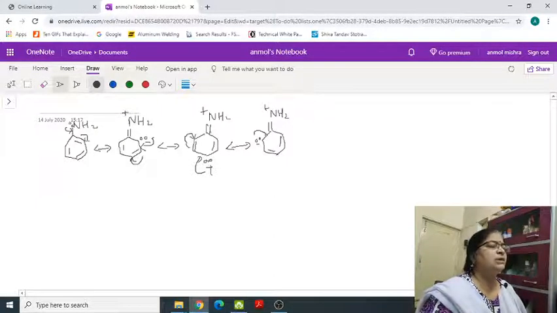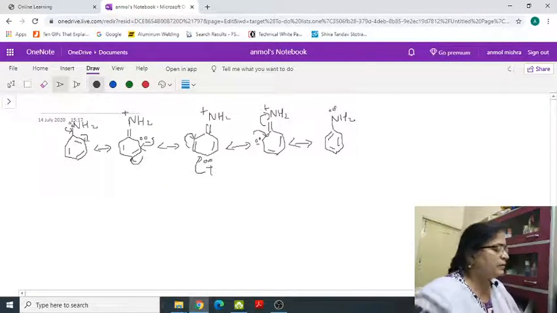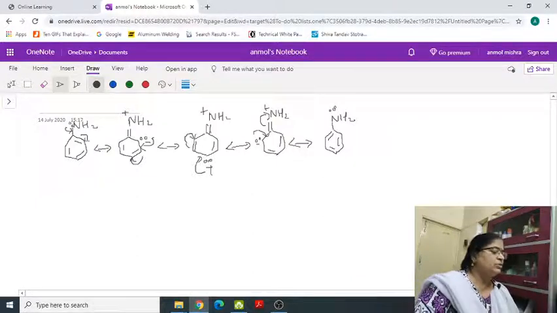And last step again. So aniline is less basic than ammonia or aliphatic amine because the electron pair present on the nitrogen atom is less available for protonation, not able to give, therefore it is less basic.